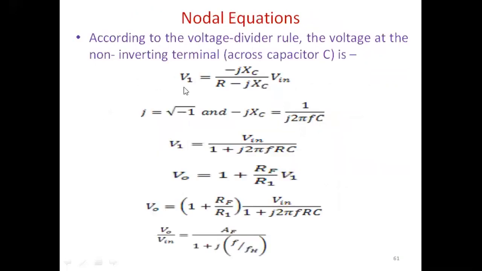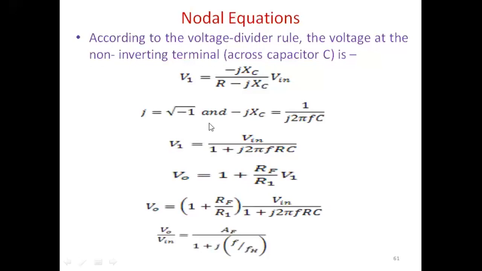So V1 is the actual input to the positive terminal. It is taken across the capacitor, so it is given as V input into minus jXC divided by R minus jXC. Actually 1 by jωC, that is minus jXC, into V input, divided by R minus jXC.